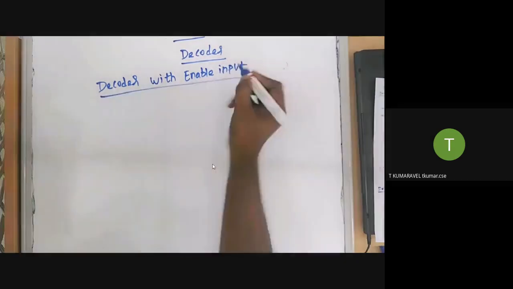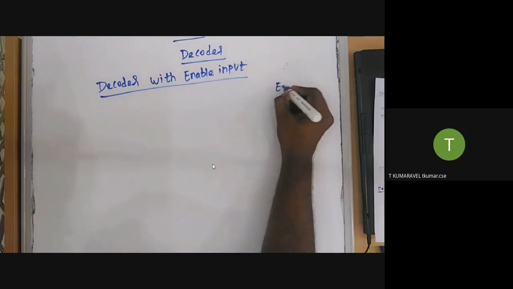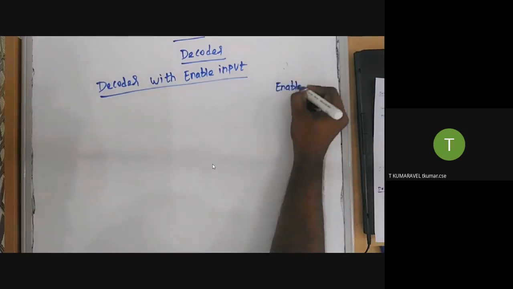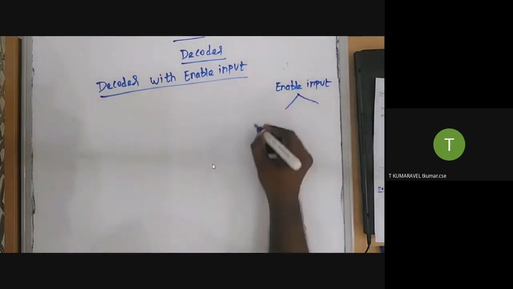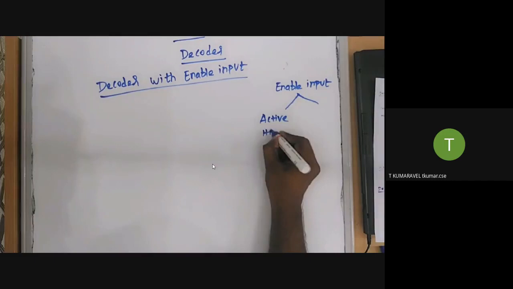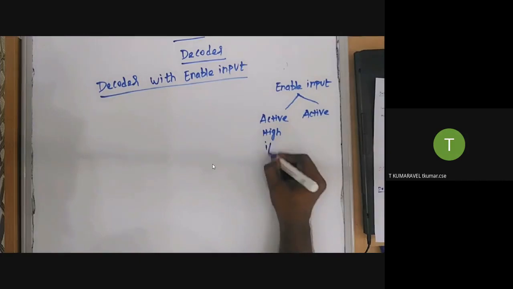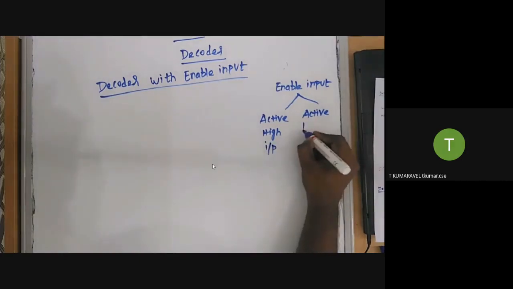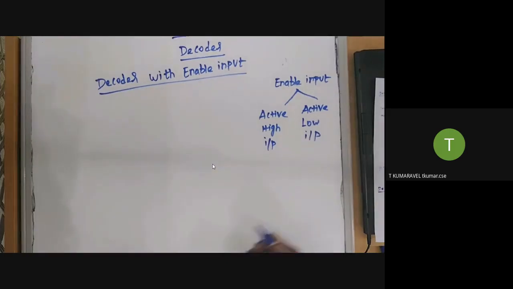That enable input is divided into two categories: one is active high input, and the other is active low input. I will tell you the meaning of that.